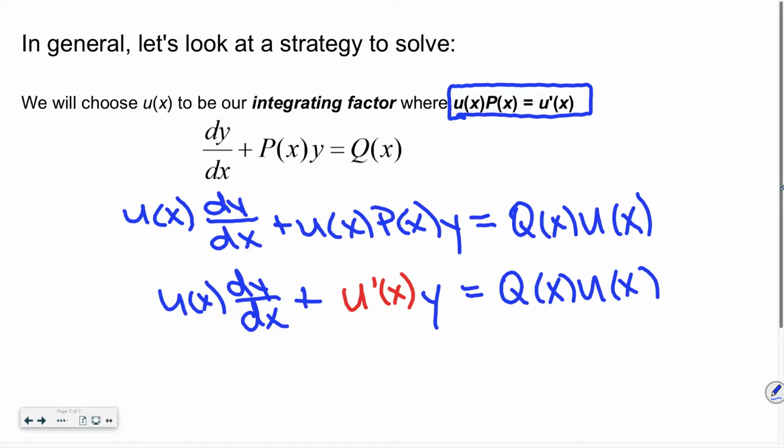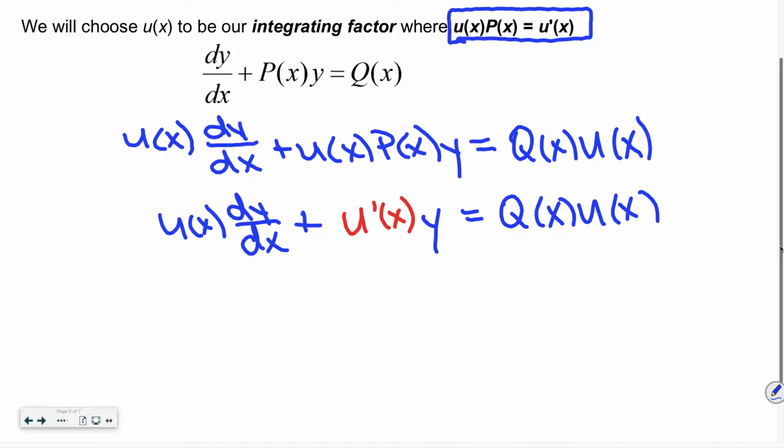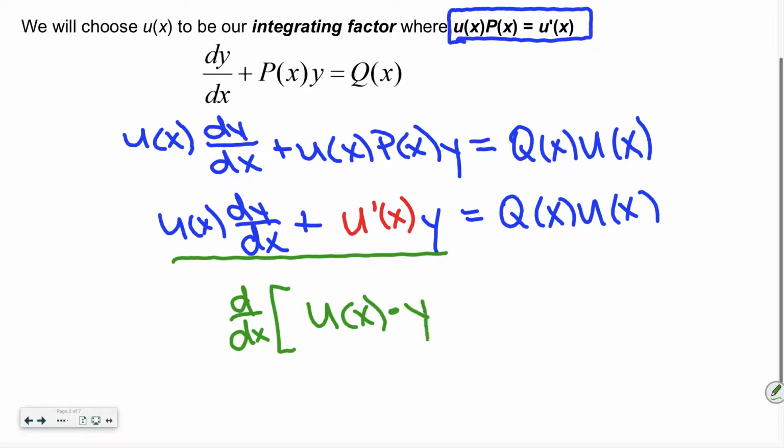So if we strategically make our integrating factor to where when we multiply it by p, we have u prime, then we create the product rule. So we know that this right here means, take the derivative of u of x times y.